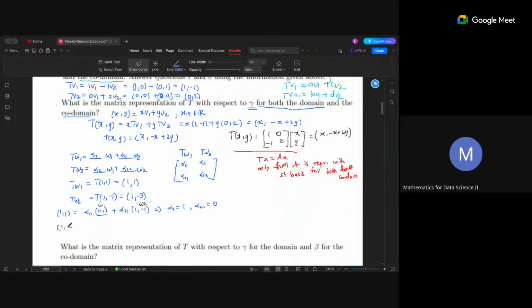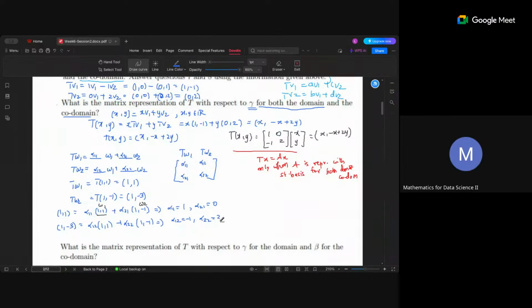Now what about the next one, (1, -3)? We have alpha 1,2 times (1, 1) plus alpha 2,2 times (1, -1). What should alpha 1,2 and alpha 2,2 be? Are you able to guess, or should we solve the system of linear equations? Alpha 1,2 is -1 and alpha 2,2 is 2.